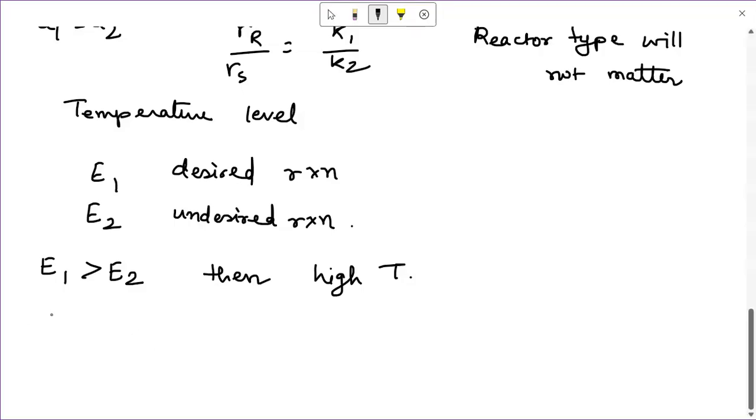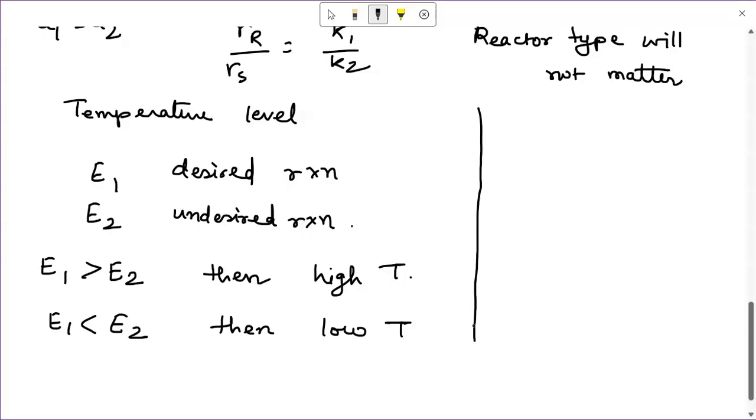If E1 is less than E2, that means the undesired reaction is favored at a higher temperature, then we will like to keep the overall temperature low to favor formation of R. In this way you can vary K1 and K2 very easily. Another way to create a difference in such systems is using a catalyst.